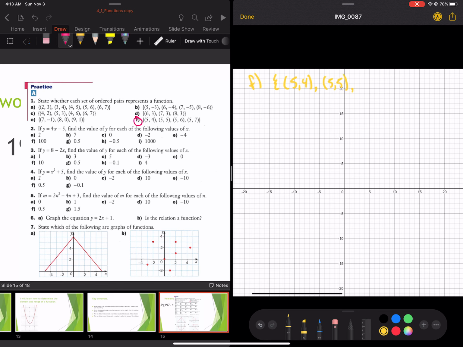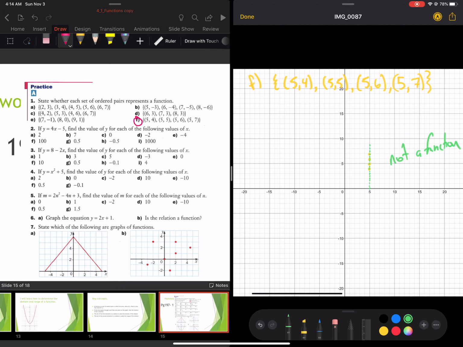The next one is 5, 6. The next one is 5, 7. So let's check this out. The first one is 5, 4, then followed by 5, 5, then 5, 6, then 5, 7. Okay, if we look at this, we see that for the x value 5, there are 4 possible solutions. So this means it's not a function.